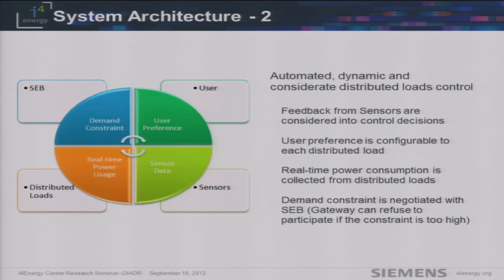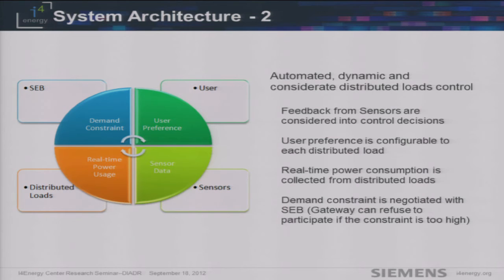Another thing that we want to take into account is the sensor data. For example, we have the lighting sensor and occupancy sensor, and if we want to control the lighting, for example some task lights in my office, then I would read the sensor data to see if there is somebody in the room, and if the lighting level is already very low.